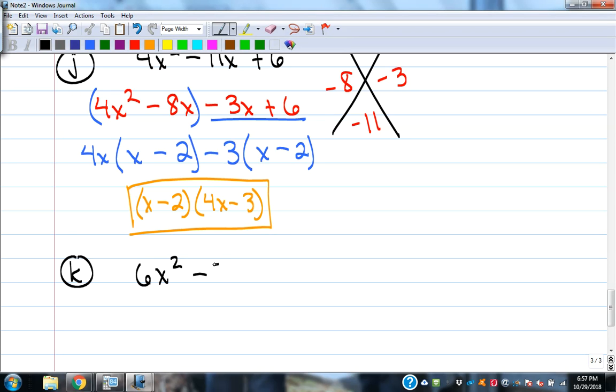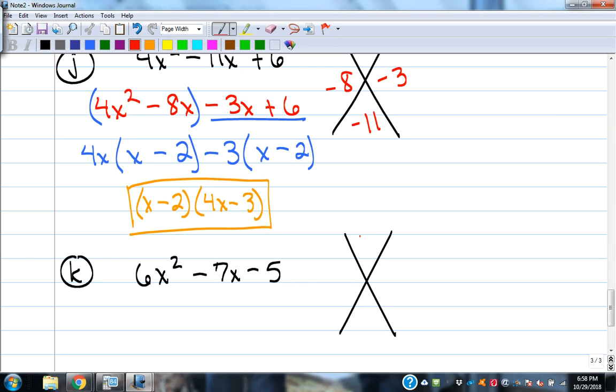6x squared minus 7x minus 5. What goes on the top of the x?